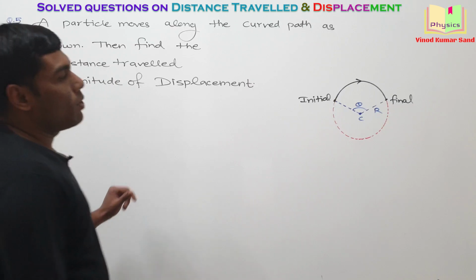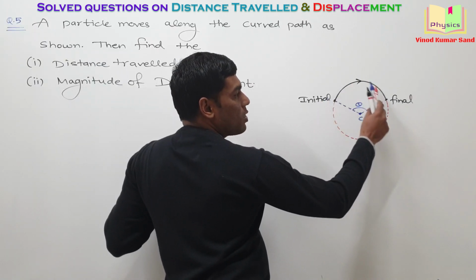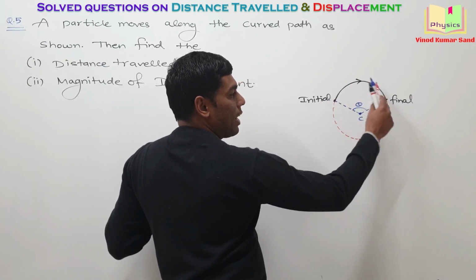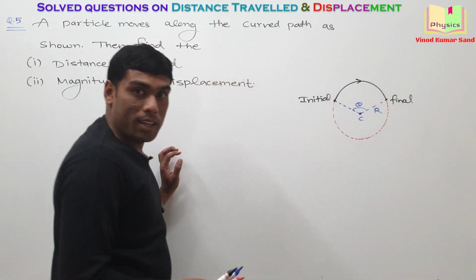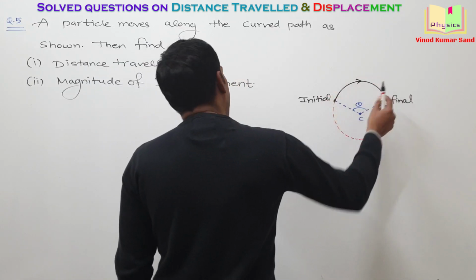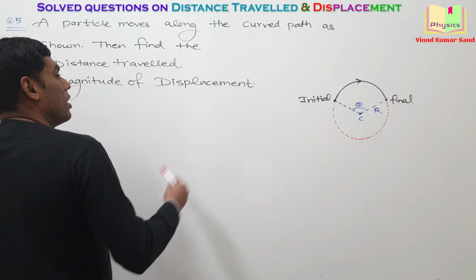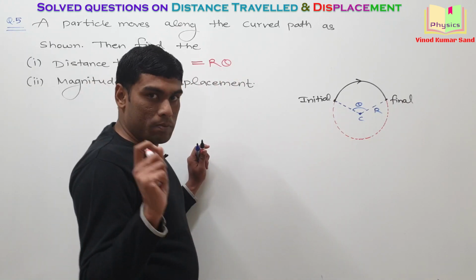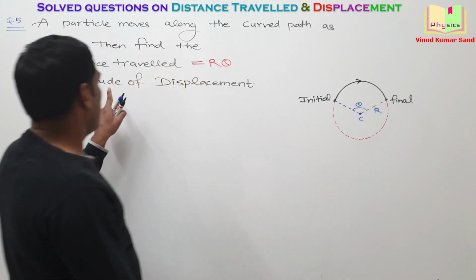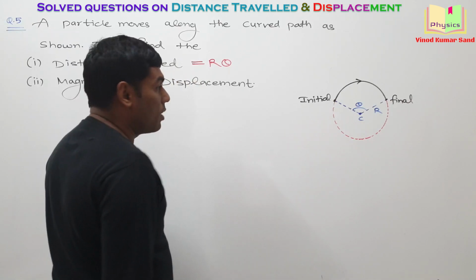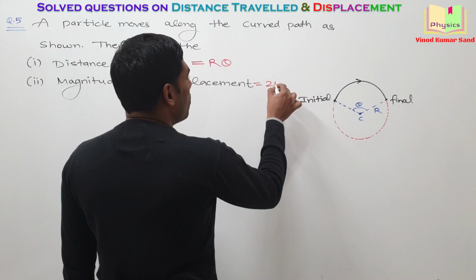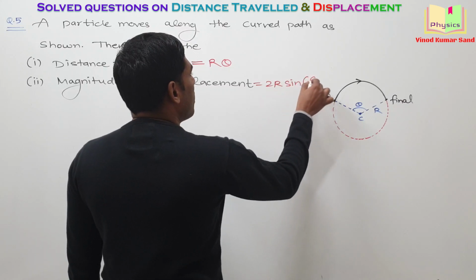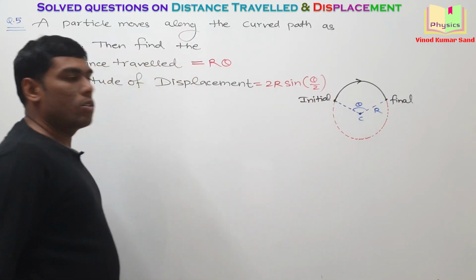The distance traveled will be the length of this path and it is lying on a circular track. So the length of this arc will be actually equal to r theta. Getting it? And the magnitude of the displacement will be equal to 2r sine theta by 2.